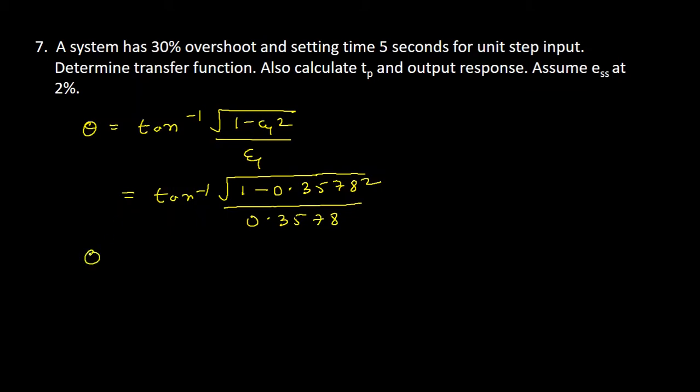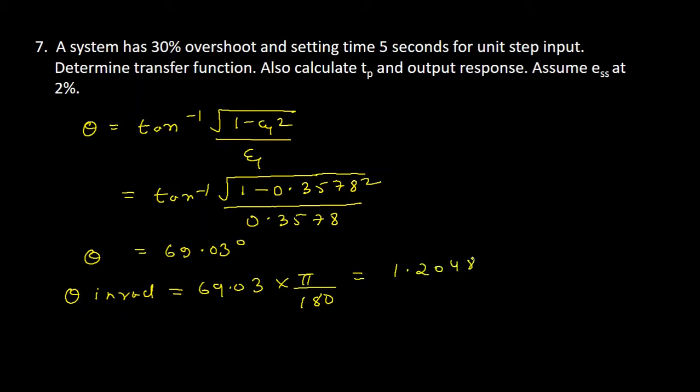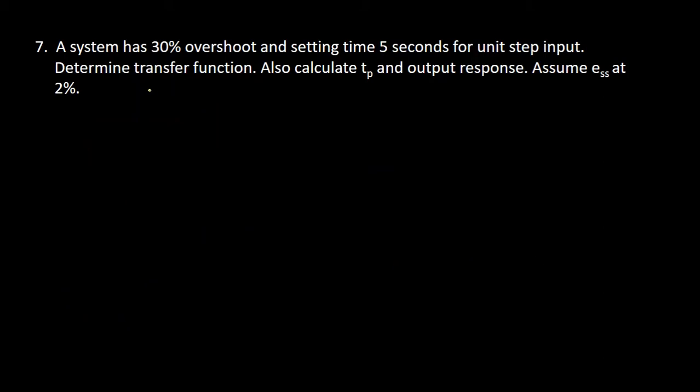When we solve this, we will get theta is equal to 69.03 degrees. We have to convert this value in radians. Theta in radians is equal to 69.03 into pi by 180. From here we will get 1.2048 radians.